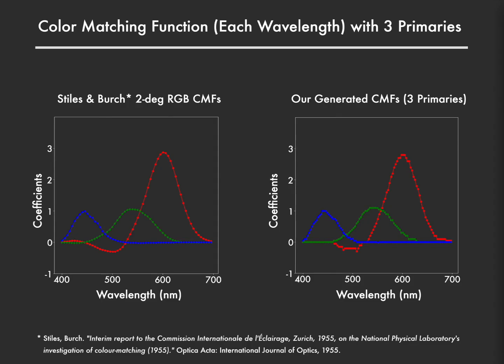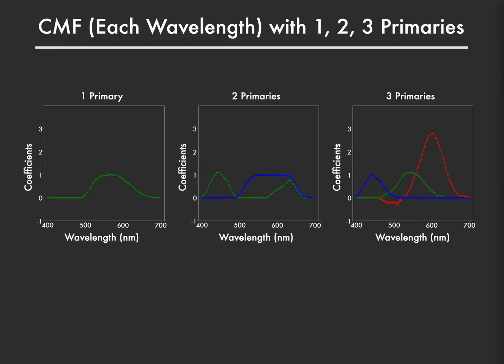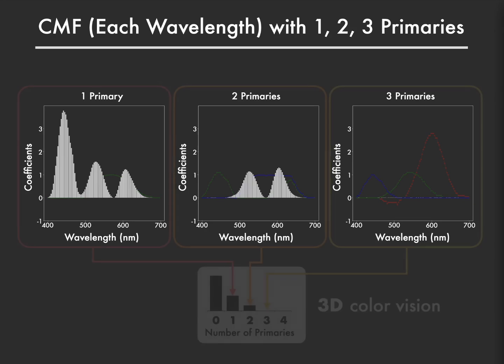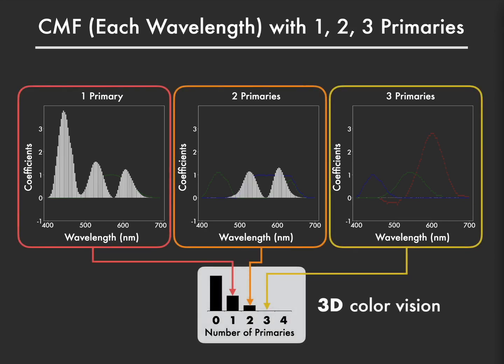Great, so let's look at color matching functions with 1 and 2 primaries. If we overlay the color matching error, it clearly shows that the 1 and 2 primaries cases fail to pass the test. The sum of these errors is exactly what each bar in this histogram shows, as 3 is the minimum number of primaries required to find a match to all target colors, which formally indicates that this model has 3D color vision.